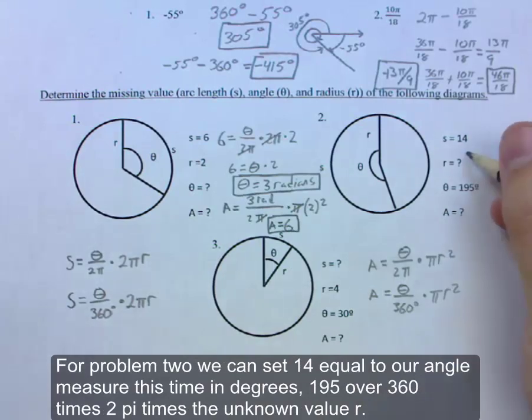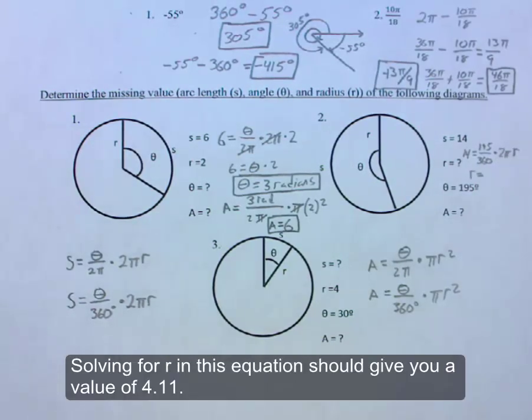For problem 2, we can set 14 equal to our angle measure, this time in degrees, 195 over 360, times 2 pi times the unknown value r. Solving for r in this equation should give you a value of 4.11.